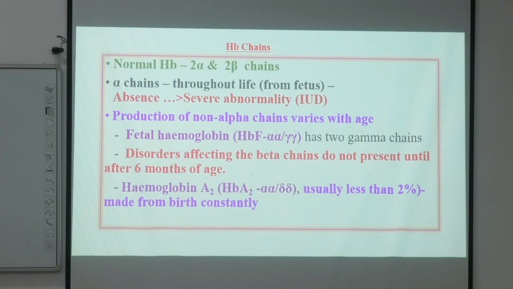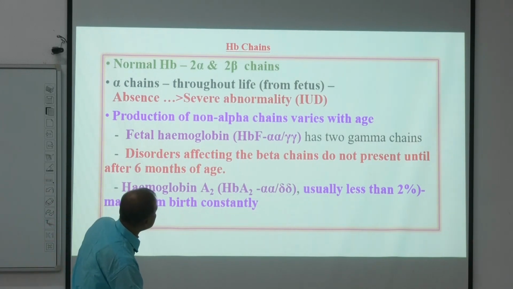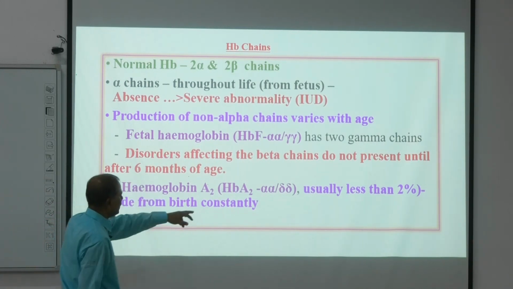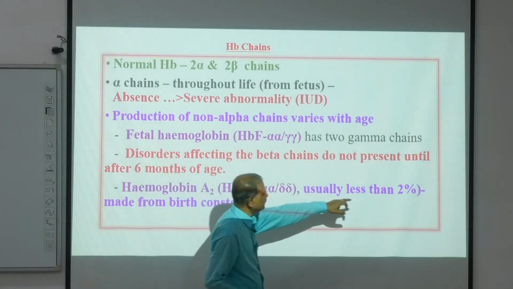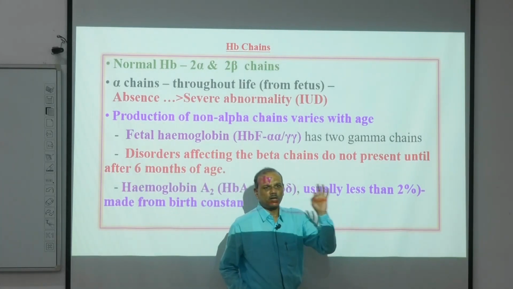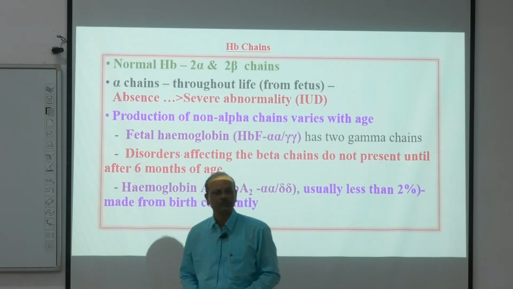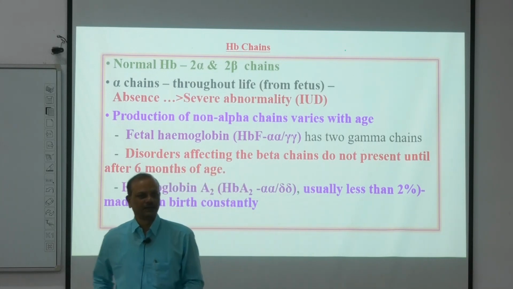The production of non-alpha chains in the hemoglobin is detected after 6 months of age. So the percentage matters. If the HbA2 is more than 2.5%, one must suspect that it is a case of thalassemia.